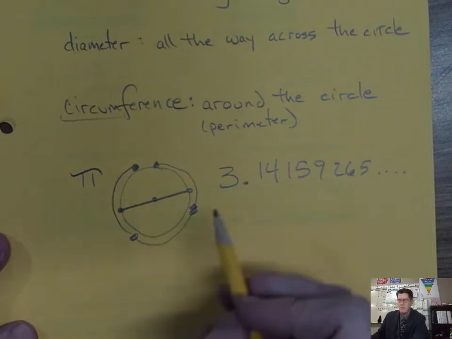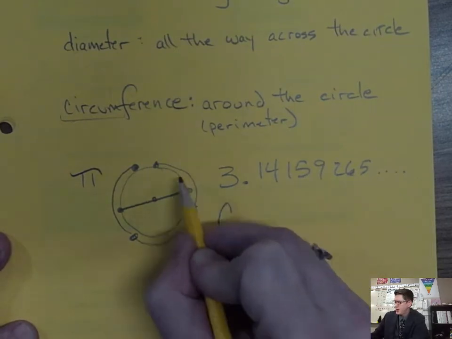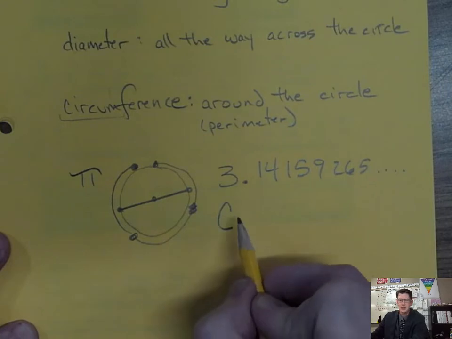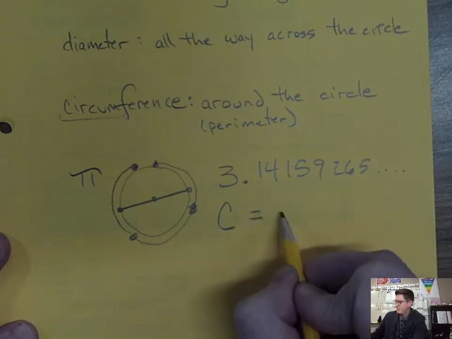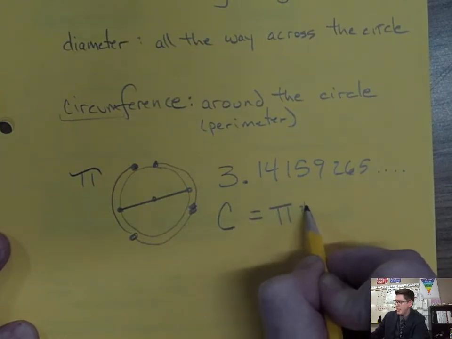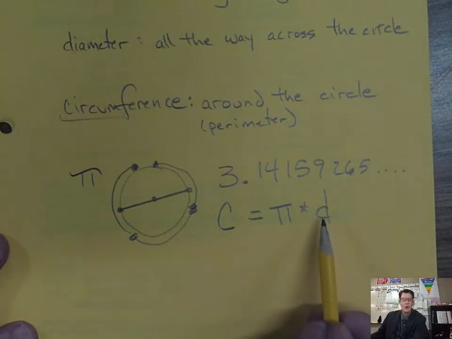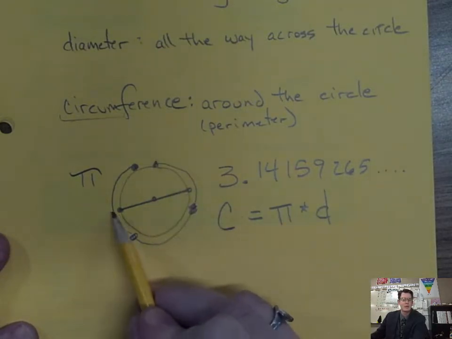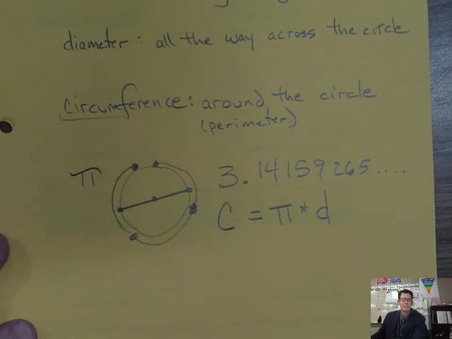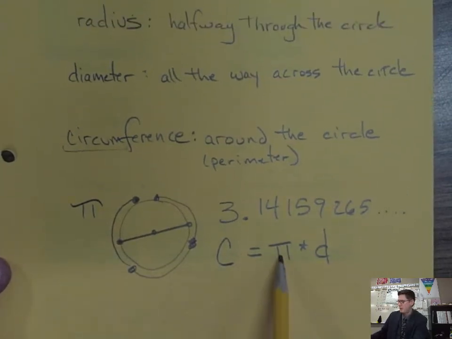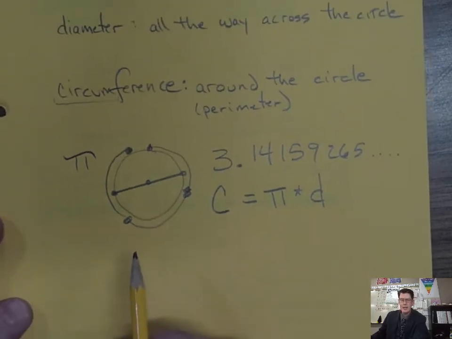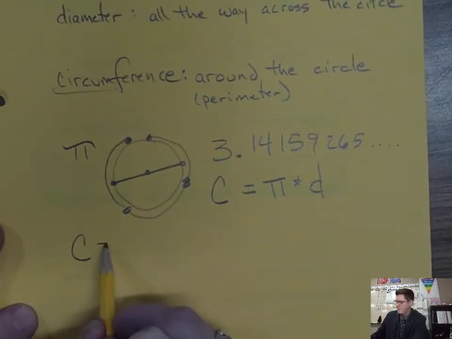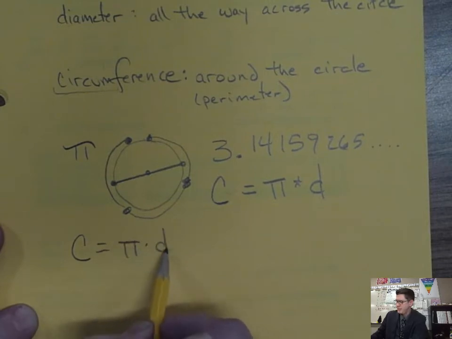That's what pi means. The circumference of a circle, the distance around it, is simply pi times the diameter, or the diameter around it 3.14 times. That's what it means. So when we're looking at what is pi, this is how many times it goes around. Or I can say it this way as an equation: the circumference equals pi times the diameter.